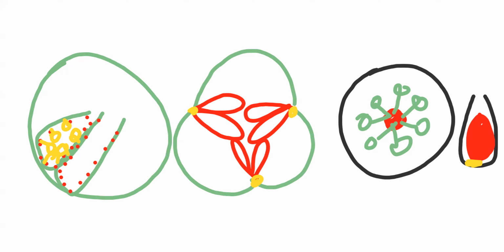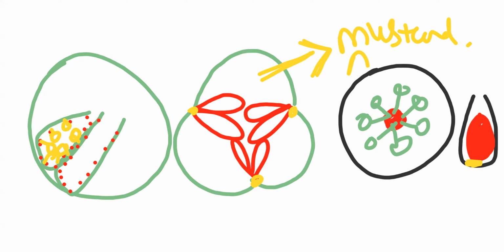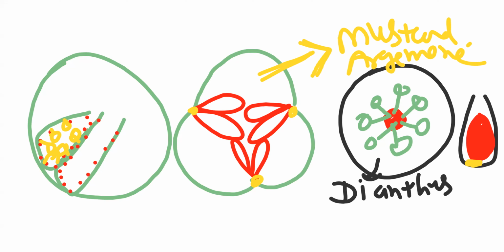नेक्स्ट, पैराइटल प्लासेंटेशन. इन दैट एग्जांपल मस्टर्ड एंड आर्जीमोन. Parietal in that, remember, mustard and argemone. Then next, free central. In that example, dianthus, primrose.